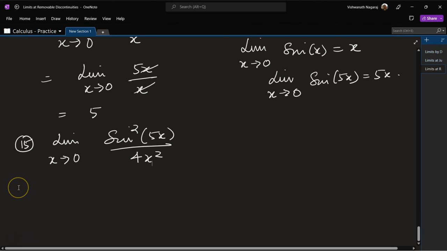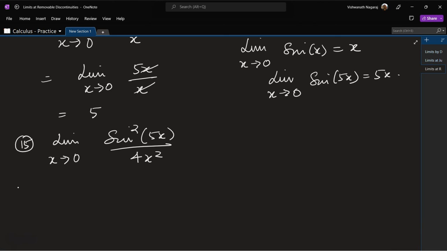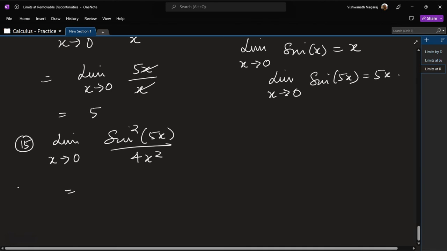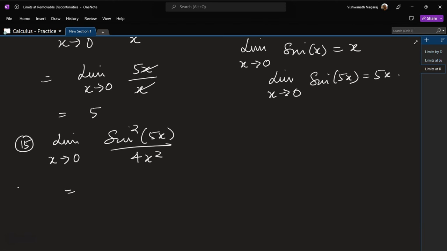Now, once you know this, then these things are based on the same thing, but you need to arrive at it a little bit differently.